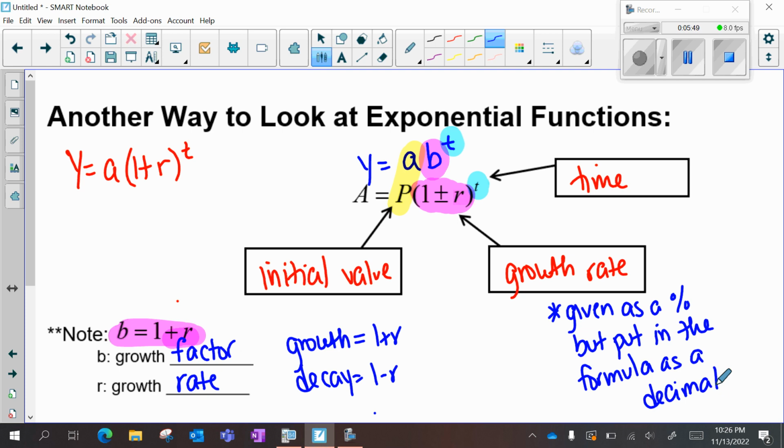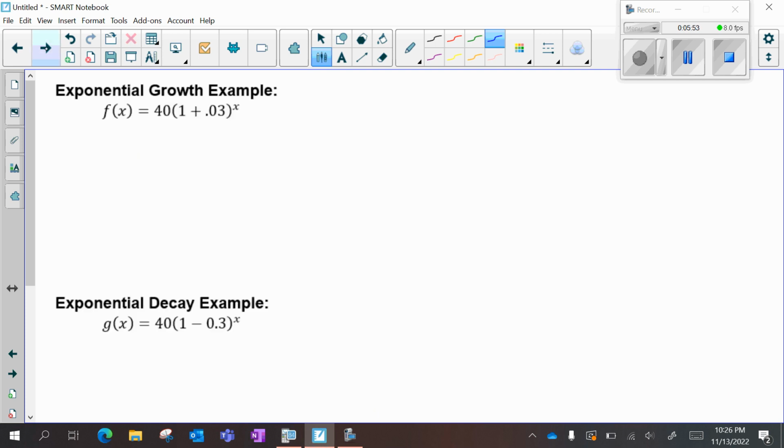So we're just going to look at 2 quick examples, and then that'll be it. So here's my growth and my decay example. Remember, my initial value is still in the front of my parentheses. This 0.03 is my rate. So my A is 40, my rate is 0.03.